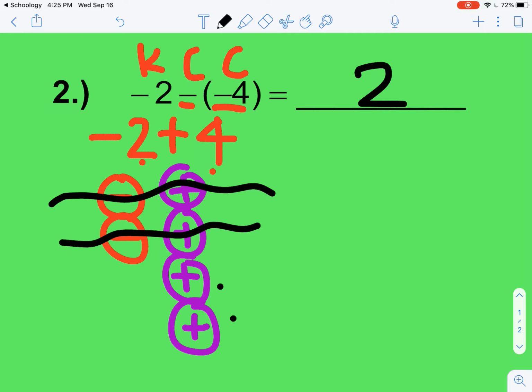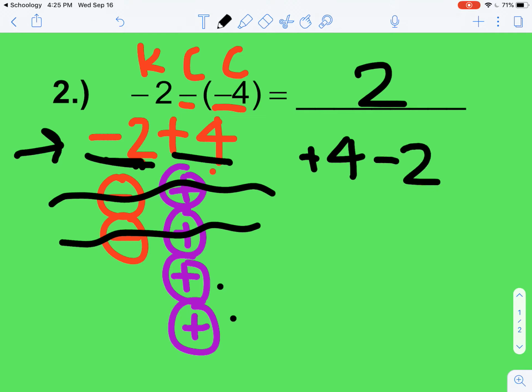Now another hint that I like to do when I see a problem that looks like this is we know by the commutative property that I can switch these numbers around as long as I keep my signs attached. Okay, so I have a positive 4 minus 2. And if you don't want that positive sign in front, you don't need to keep it.